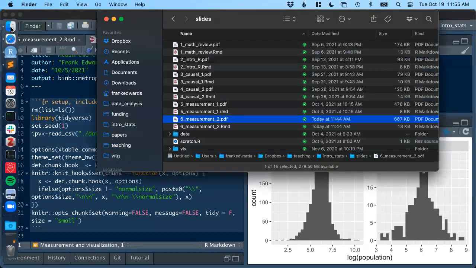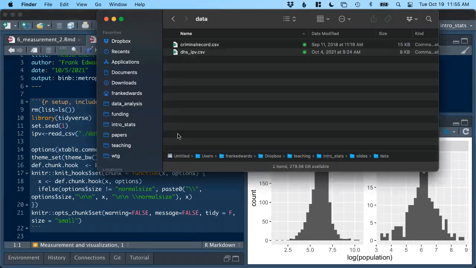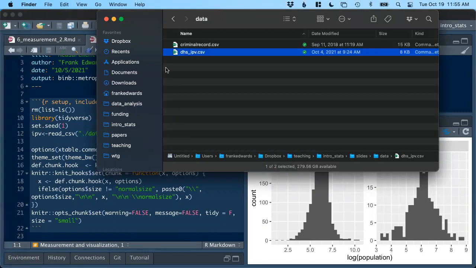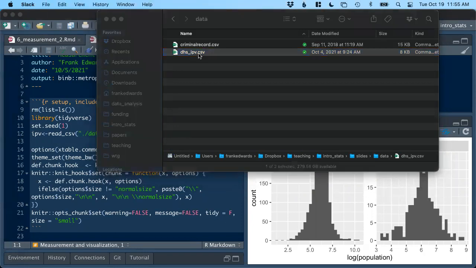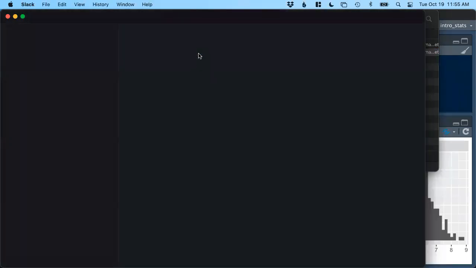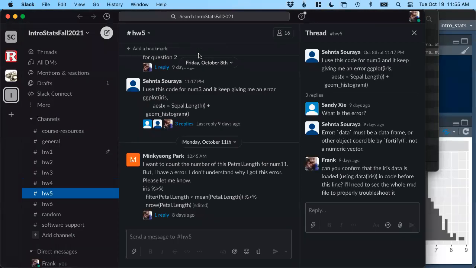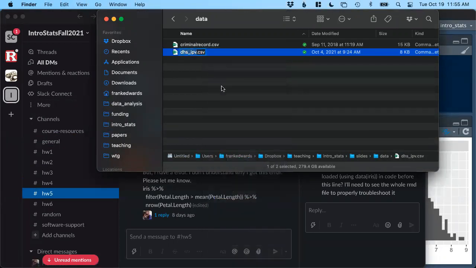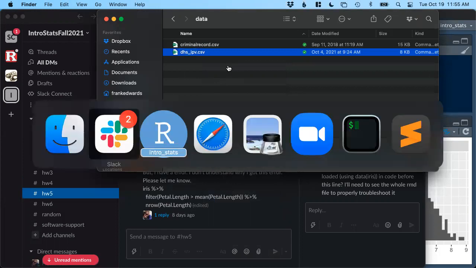I've got it. I'll just post it on Slack. That'll be easier. Actually, I probably have it on my GitHub.